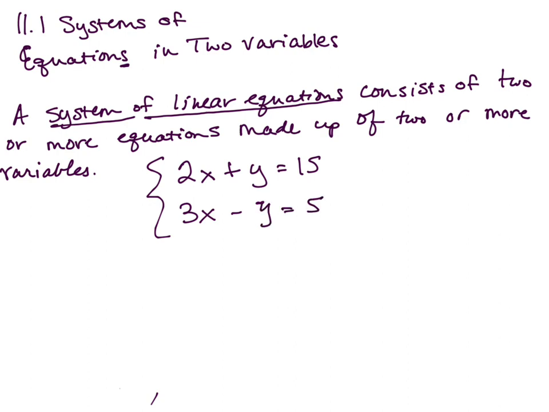This is a set of equations, also known as a system. My old textbook always put this bracket thing out in front. This textbook never puts it. So, whether or not you see that, I don't know. Sometimes you do, sometimes you don't.